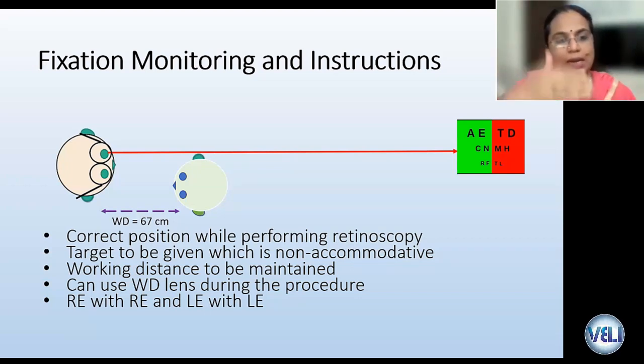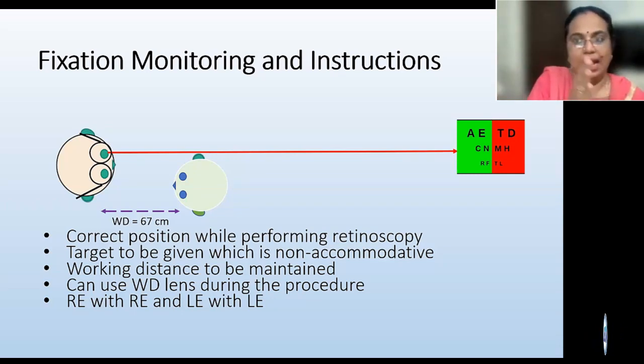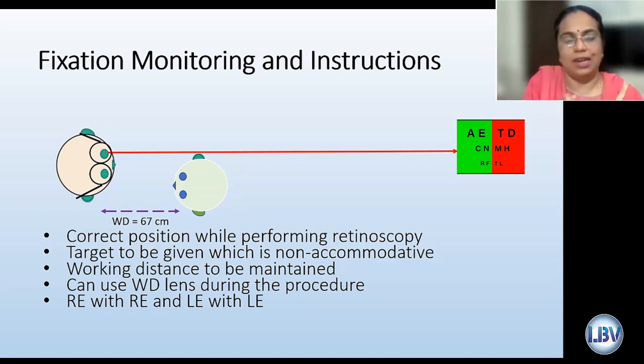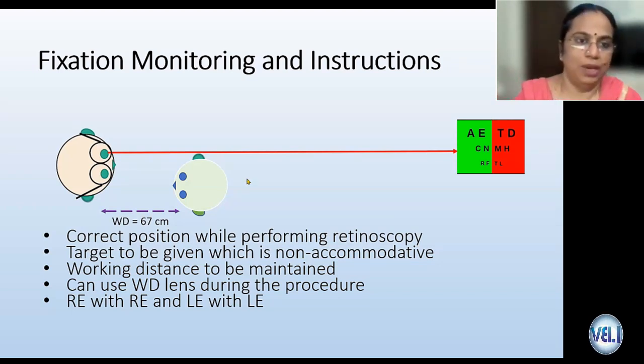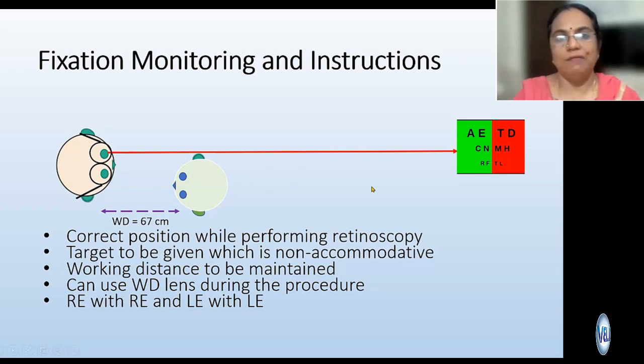So make sure that you sit away and sit exactly in front of the right eye when you're doing the right eye, and do it with your right eye. Move to the left, do it with your left eye whenever you're doing your work. So this is basically fixation monitoring and the instructions that you will need to give.